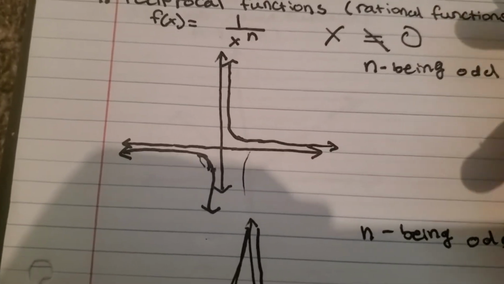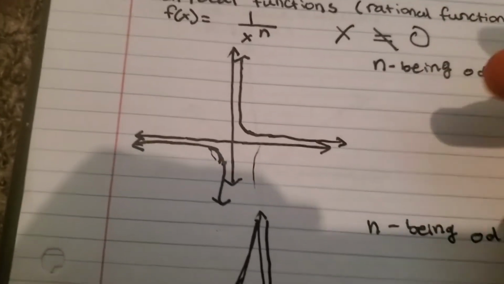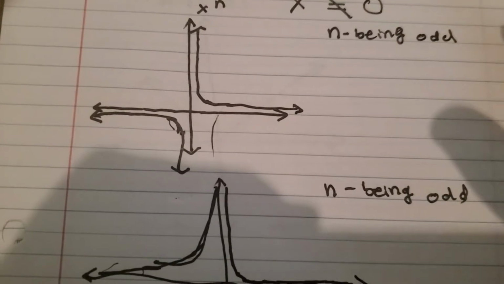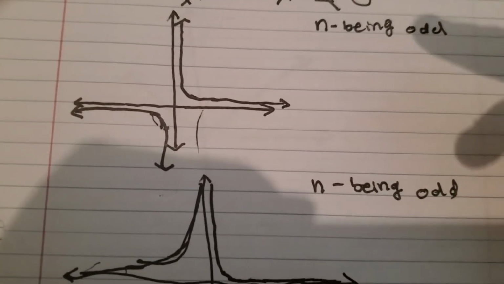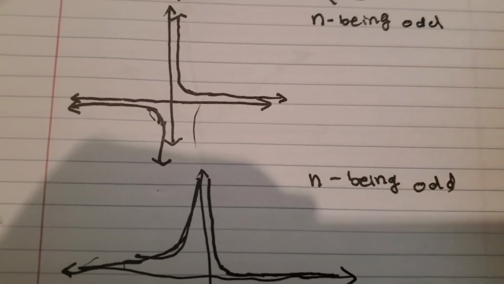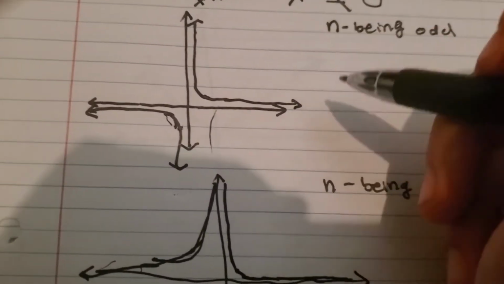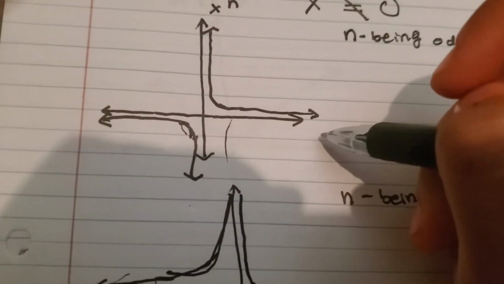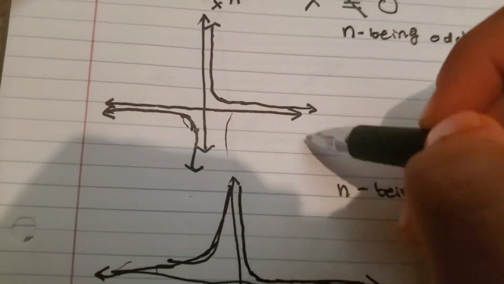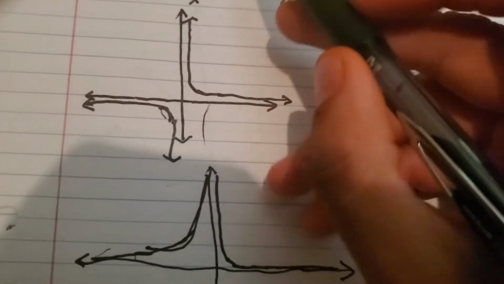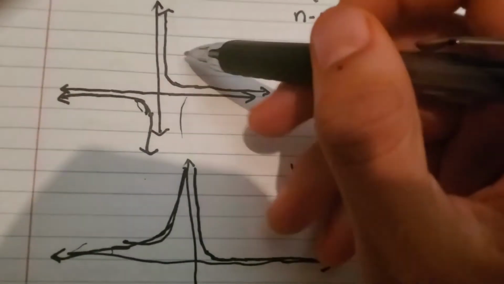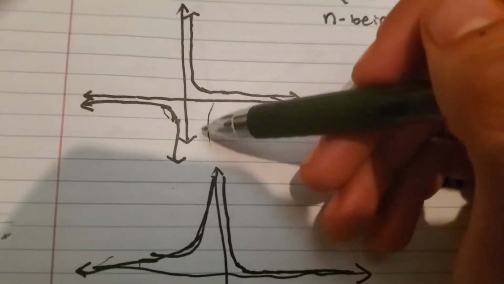All right, and like the last two types of functions, they have two separate cases depending on the degree. Being odd, of course, we get something really close to a hyperbola, a hyperbolic function, but really there's a vertical asymptote.